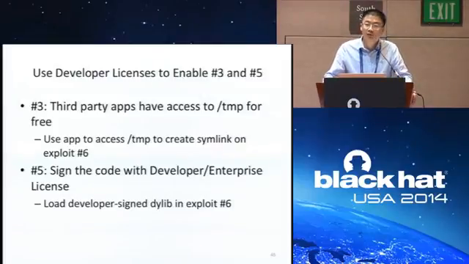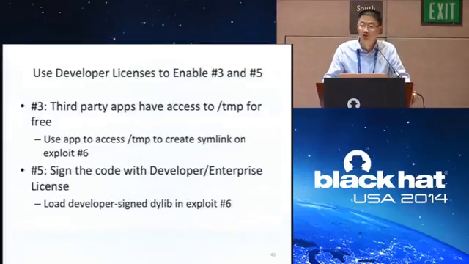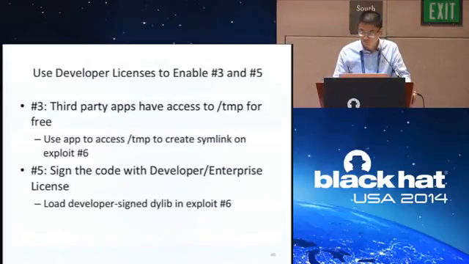That means we don't have to rely on AFCD to create a symbolic link under /temp. Using a malicious app, we can still win the race condition in install-D and force install-D to override some critical files. The other advantage is that the developer license can also be used to sign a dynamic library, so that we can inject it into some uncontainered proxy apps and re-implement exploit 6.